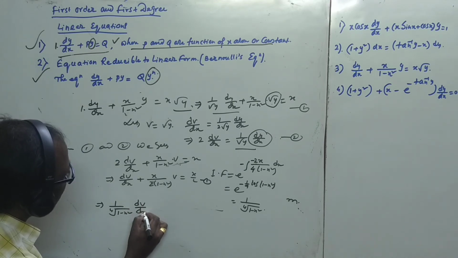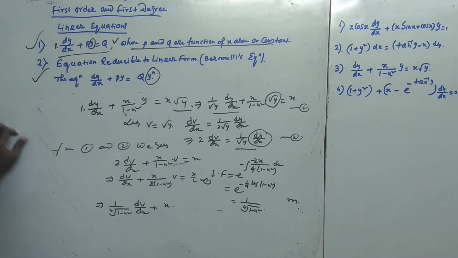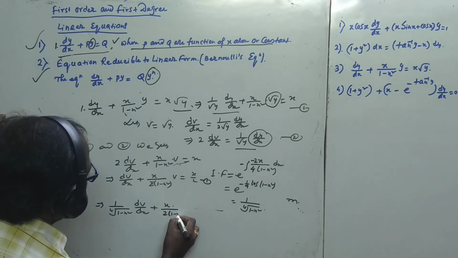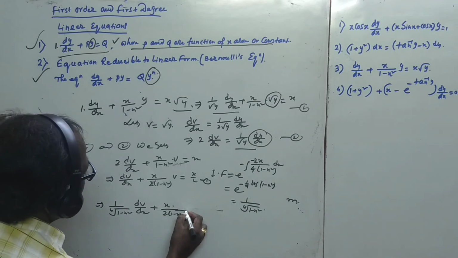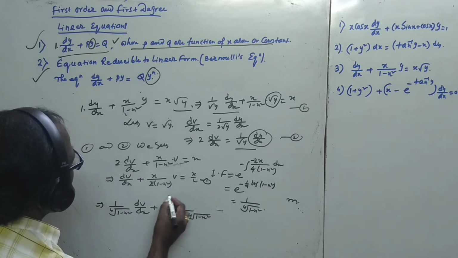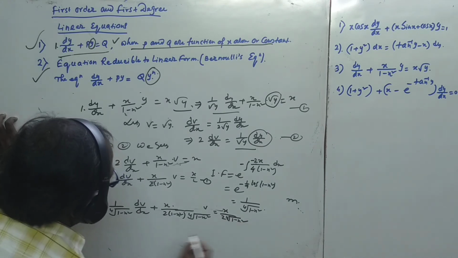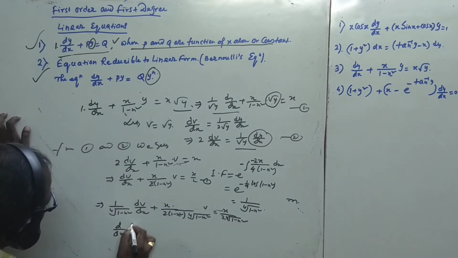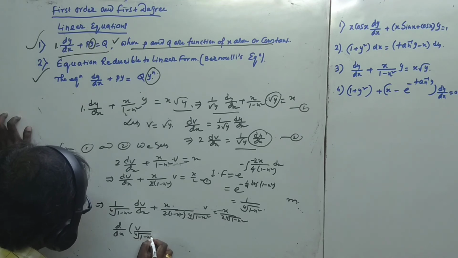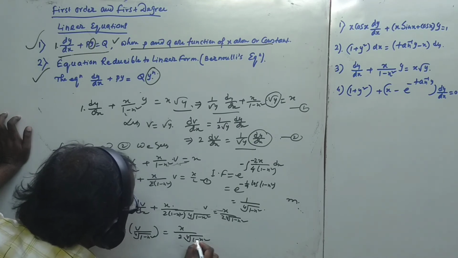Then d/dx of v times the integrating factor equals x by 2 times the fourth root of 1 minus x square.